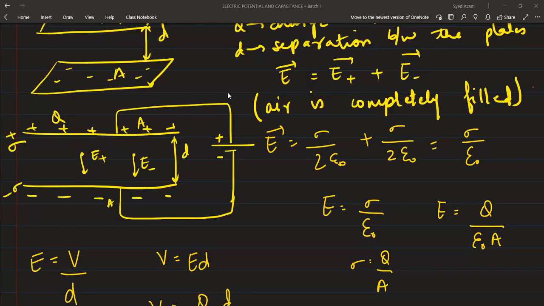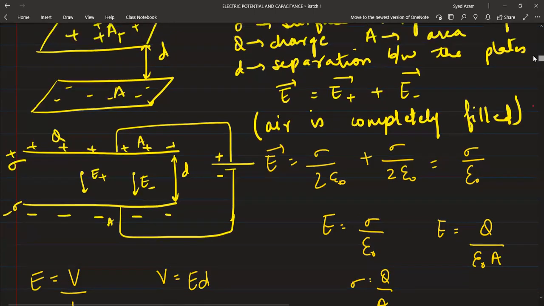Okay, the energy stored in the capacitor is there. That formula only you need to remember.